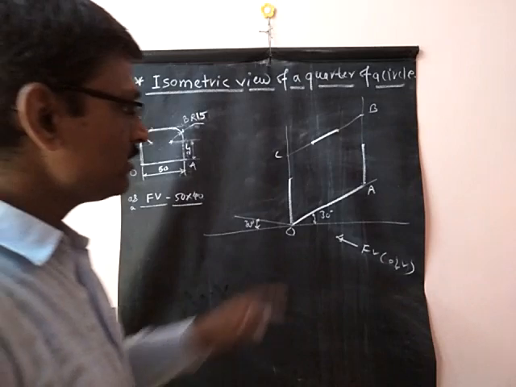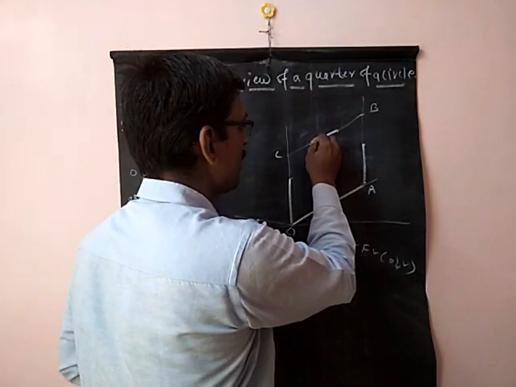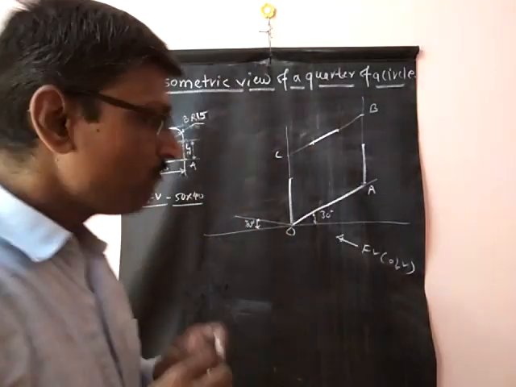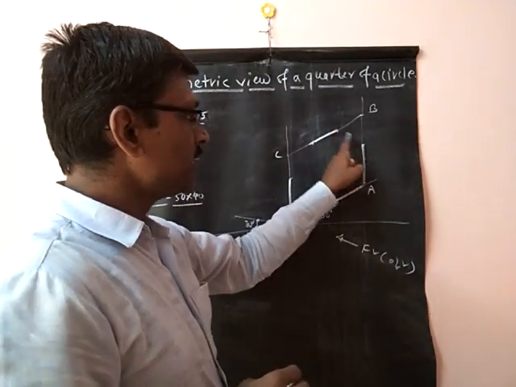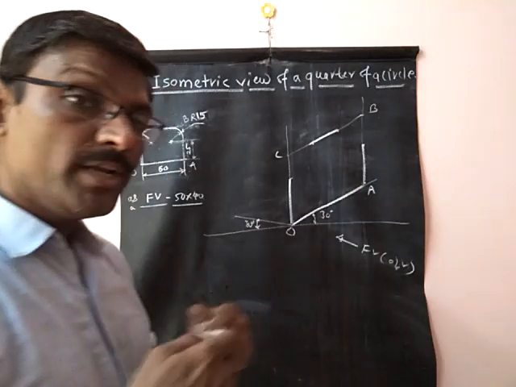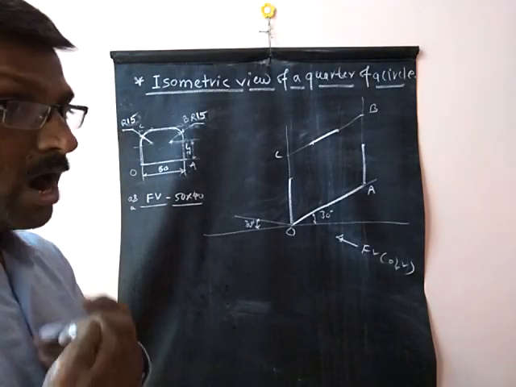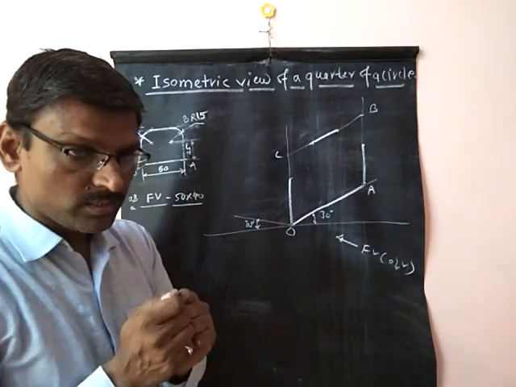Now the remaining thing is how to complete these arcs. That is the important part. For completing this arc, at these two points, and for the other arc, at another two points, we need to draw perpendiculars. How to draw these perpendiculars? A very simple thing.